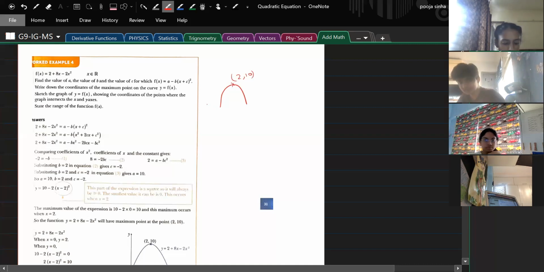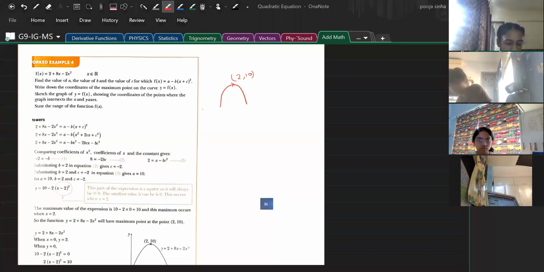Now our x intercept. How do we find the x intercept from this? For the x intercept we put y as 0, for the y intercept we put x as 0. So we have to take it from the equation minus 2x square plus 8x plus 2, whichever it is. It's a quadratic, right?